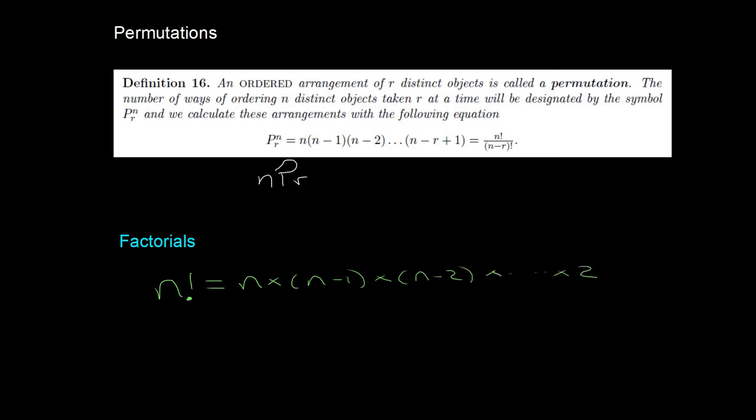You can go all the way until 1, but whether you include the 1 or not, it's the same thing. So 3 factorial is just 3 times 2 times 1, which is 6. 4 factorial is just 4 times 3 times 2, which is 24.